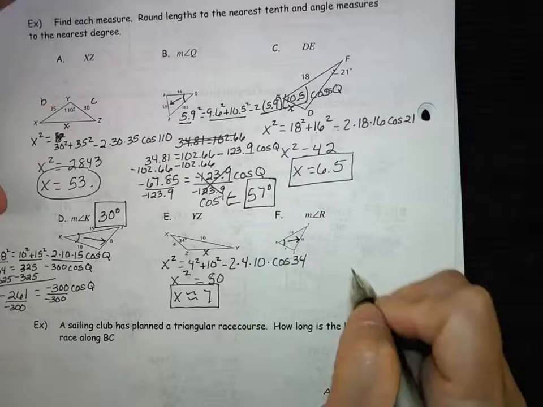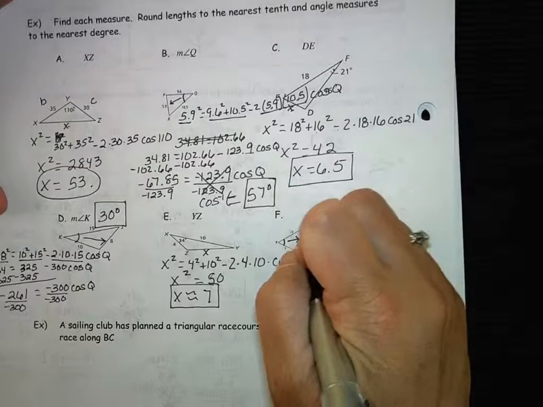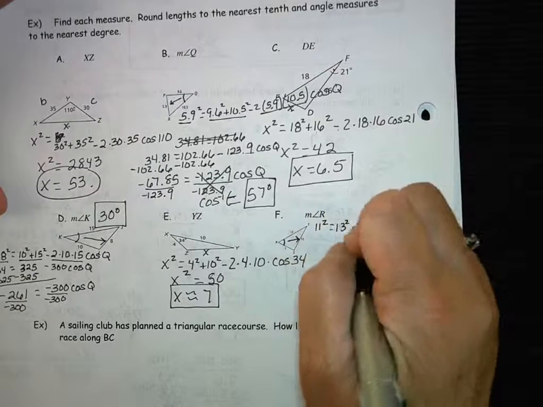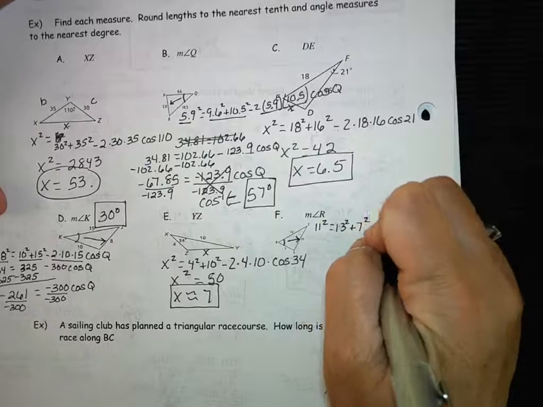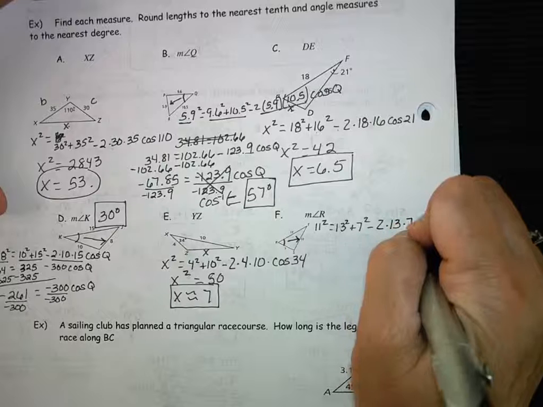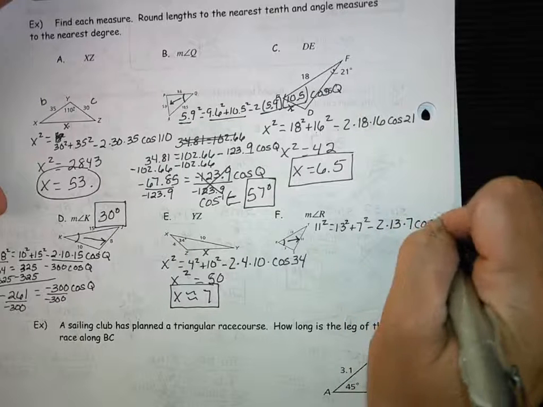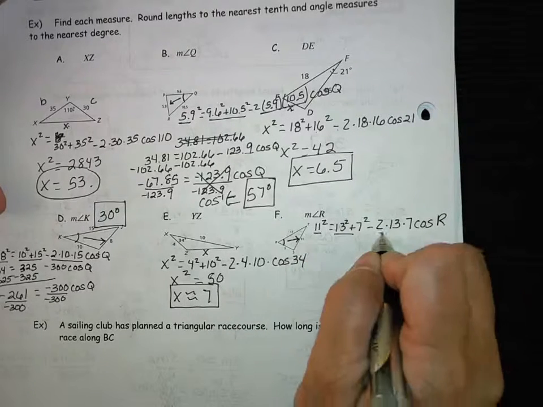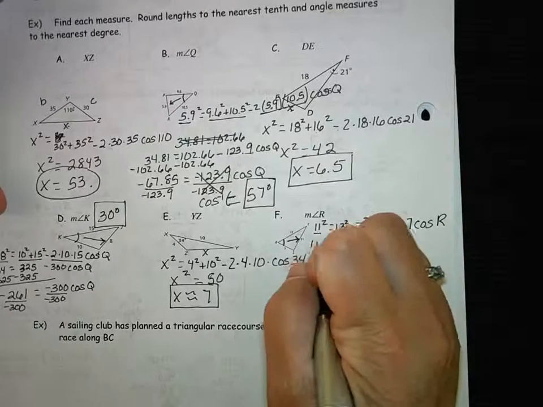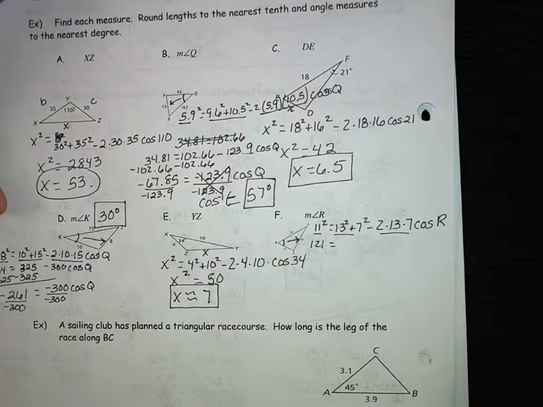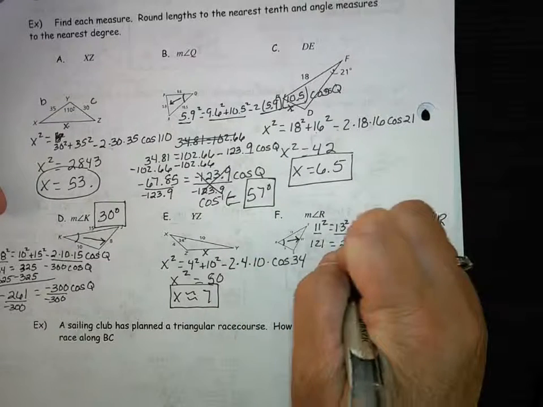This side will be across from the angle, or this side will be all by itself. So 11 squared equals 13 squared plus 7 squared minus 2 times 13 times 7 times the cosine of r. We need to come up with three numbers. 11 squared is 121. 13 squared plus 7 squared is 218.